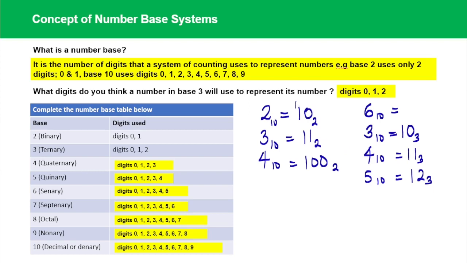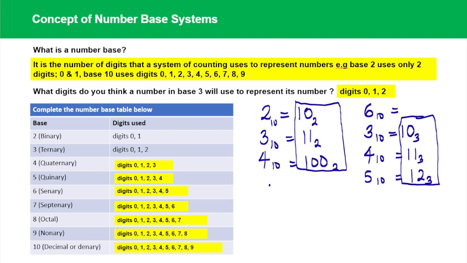Now, if we take a close look at all the digits that make up this base 2 number, we'll see that whatever number we're writing in base 2 is just a combination of zeros and 1. Similarly, the numbers we have here in base 3 are just a combination of 0, 1, 2.